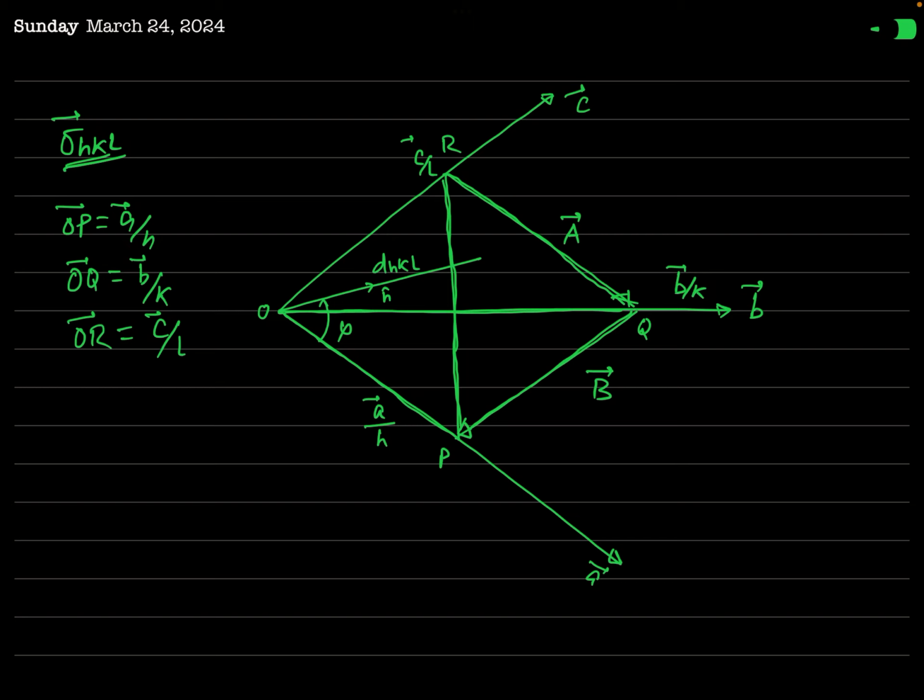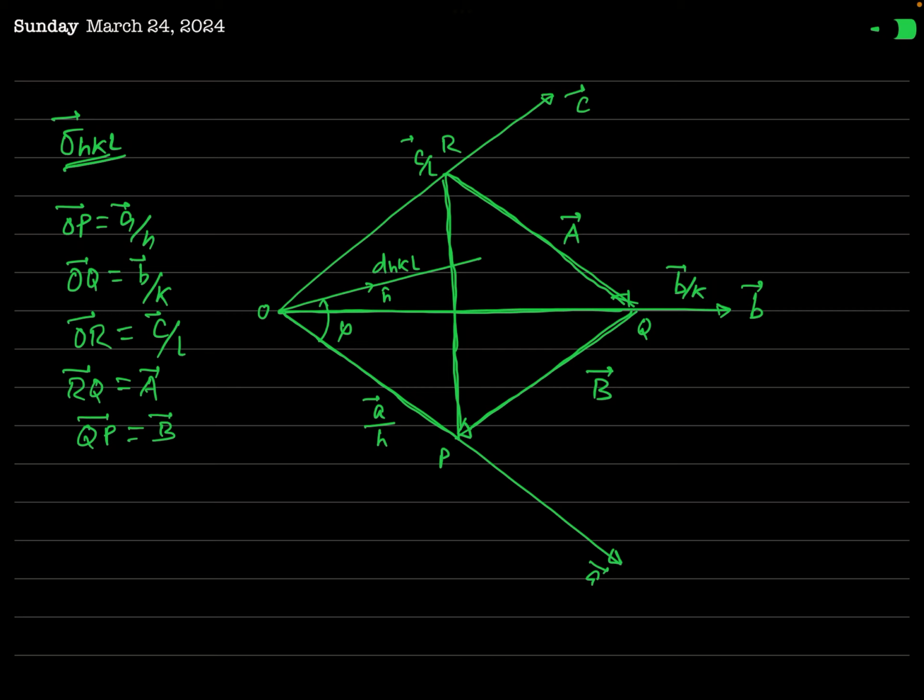Now we consider that this vector RQ is equal to A. This is an arbitrary vector I have assumed. And the vector QP, we assume that this is equal to B.